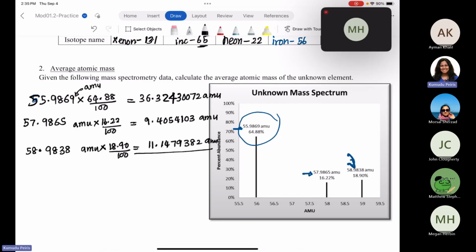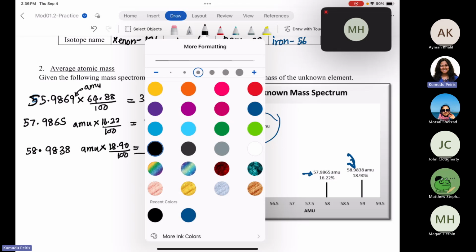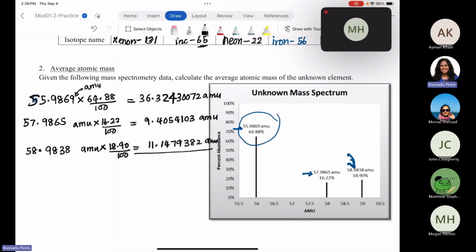It will be 56.876492 AMU. Right. So this is an addition.